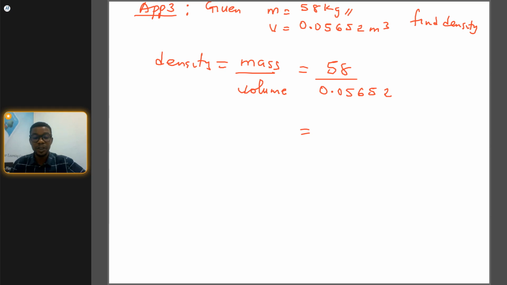By simple division, we are going to divide 58 by 0.05652, and that will give us the value of the density to be 1026.1854.